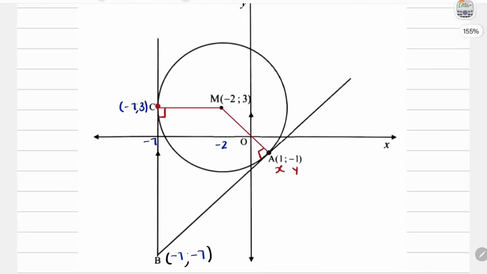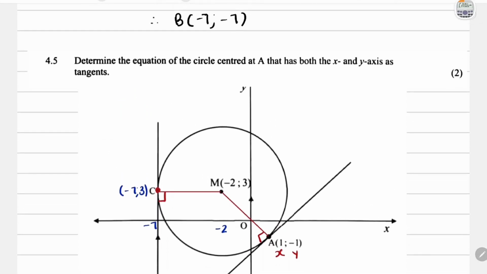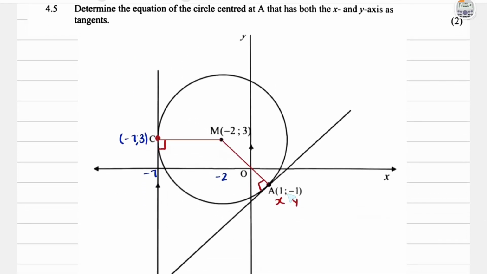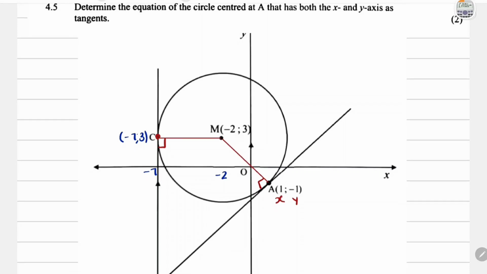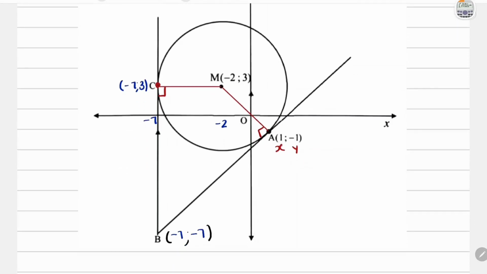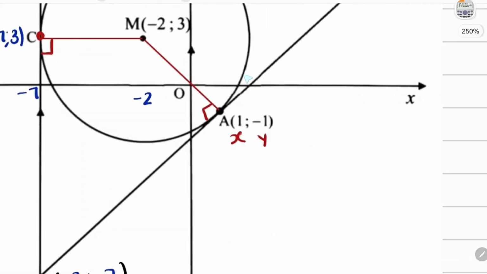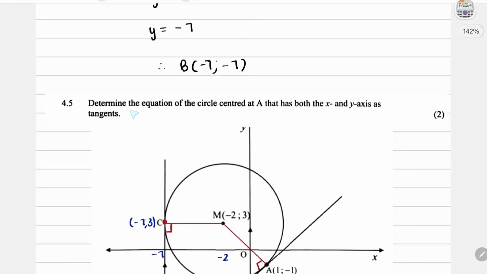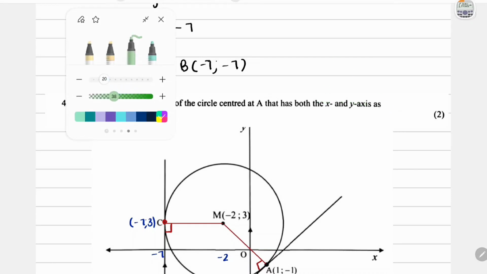Okay, I just decided to copy this because I don't want to keep scrolling up. So we have to determine the equation of the circle centered at A. But we have a circle, right, centered at A. And the only thing they tell us about the circle is that the x and the y axis are tangents to that circle. Okay, so it's really not a complicated thing.